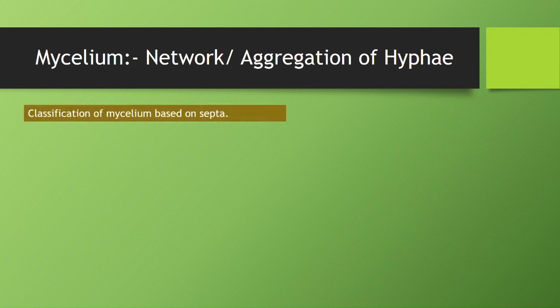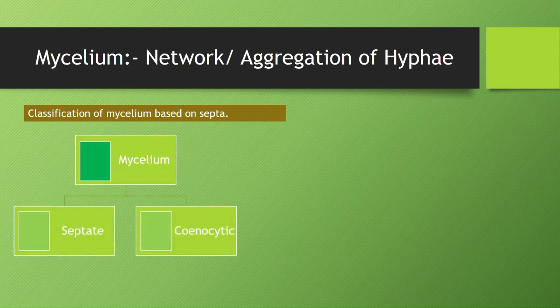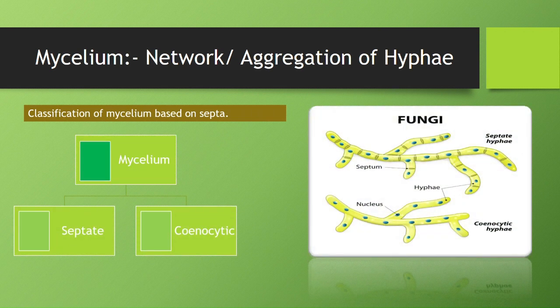Based on septa, mycelium is divided into septate and coenocytic. Septate fungi are those in which the cells are separated by transverse walls called septa, while in coenocytic or non-septate mycelium the thallus is not separated by septa. Only when the reproductive structures are formed, a septum forms that separates them from the rest of the thallus.